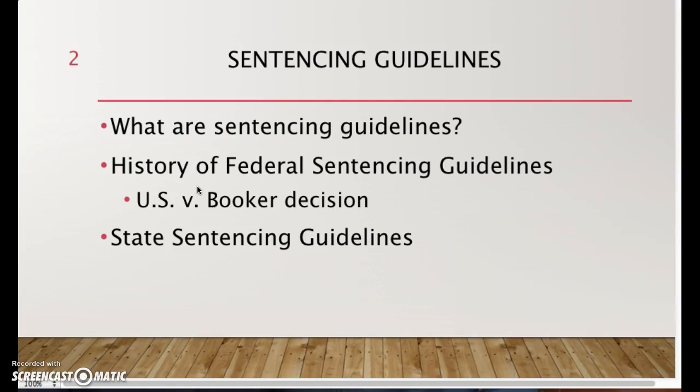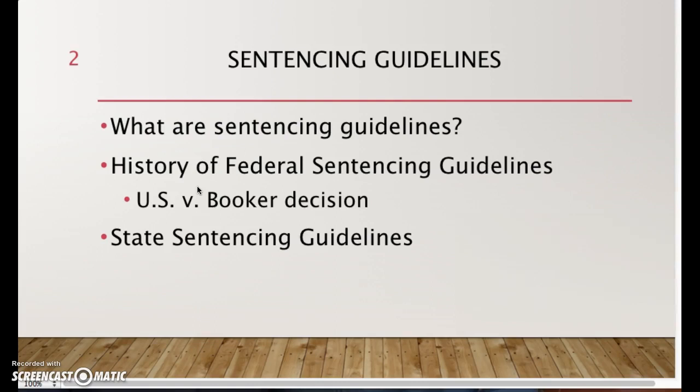Now, prior to 1987, judges handed down sentences at their own discretion, which resulted in judges around the country imposing very different sentences for similar crimes. In an attempt to impose consistency in sentencing, Congress passed the Federal Sentencing Guidelines, requiring judges to hand down sentences for each individual case that fall within the specific guidelines.